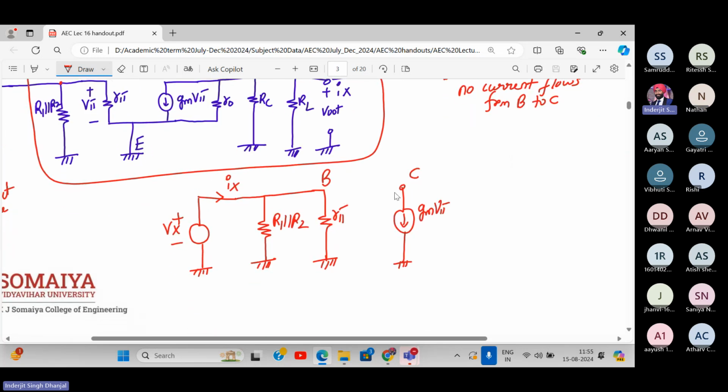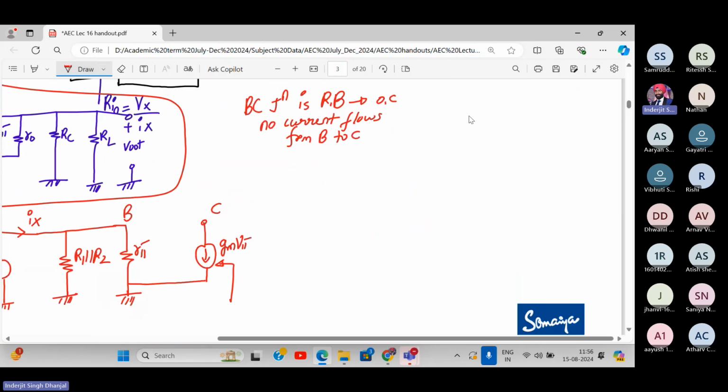And what will be the impedance of this current source? Do you know what is the impedance of a current source? Impedance seen by the current source. We have seen now we have a voltage source and a current source. So if you have a current source, it will have a very, very high internal resistance. Yes or no?